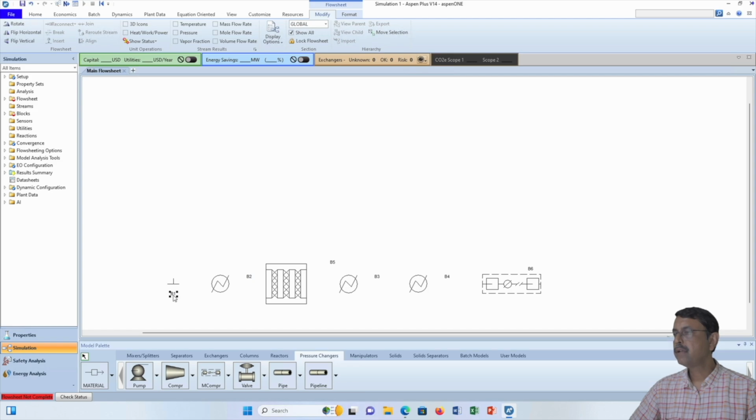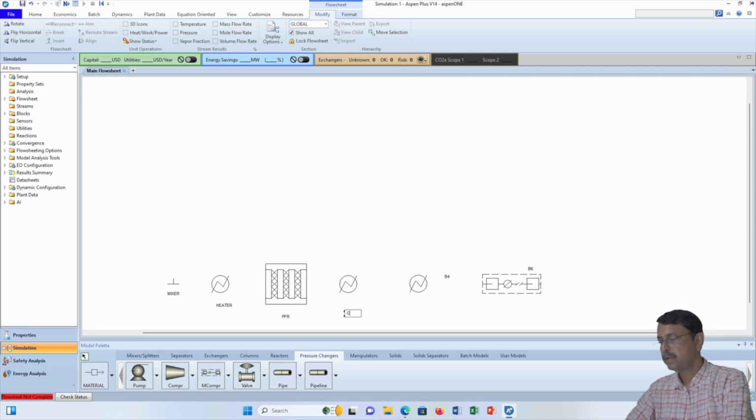So let us rename it as mixer. Let us rename it as heater. This one is PFR. This one is cooler 1.